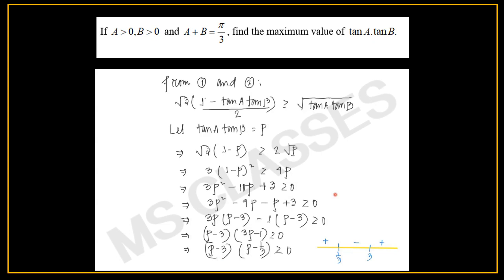So that cannot go on and on, it cannot be possible. So according to the condition given, that a, b greater than 0 and a plus b equal to pi by 3, we can say that p is less than or equal to 1 by 3. So the maximum value which we are looking for is 1 by 3.